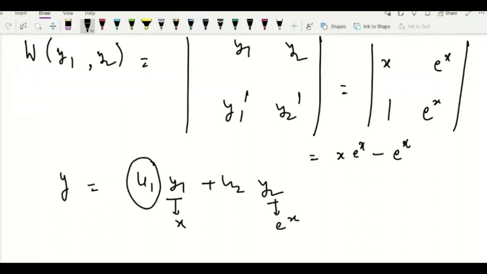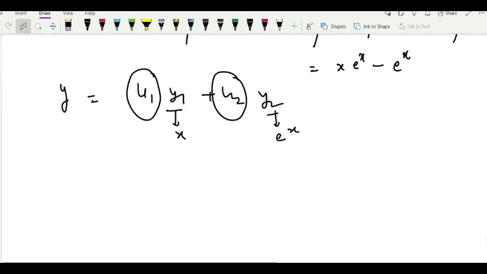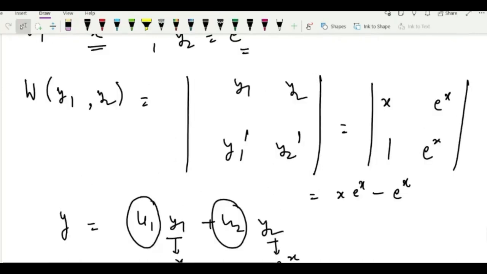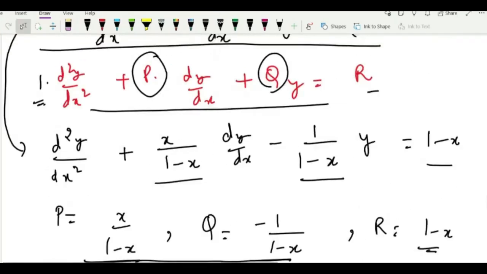Now the next step is to find u1 and u2. We have the formula to find u1 and u2 here. For finding u1, minus integration of y2 into r upon Wronskian into dx plus c1. Here y2 is e raised to power x, and r is equal to 1 minus x.